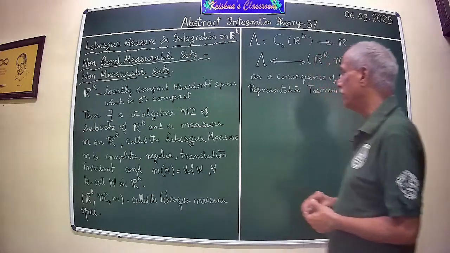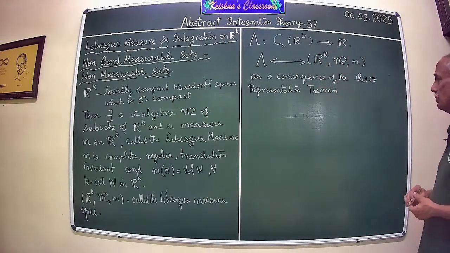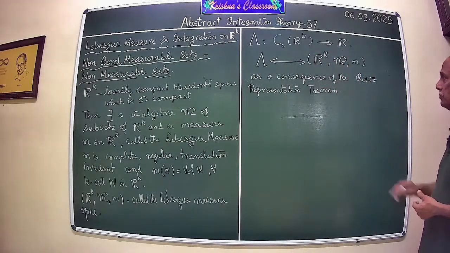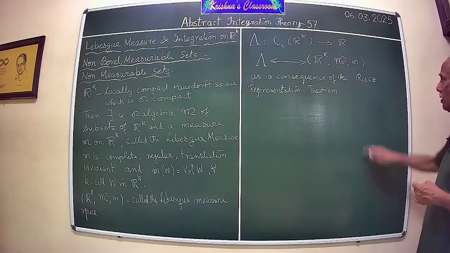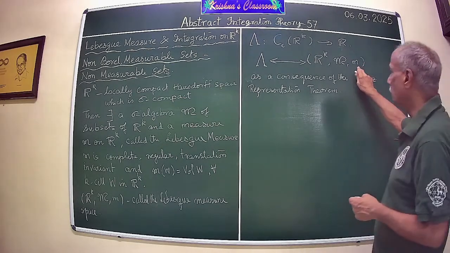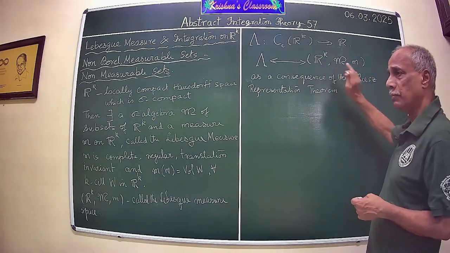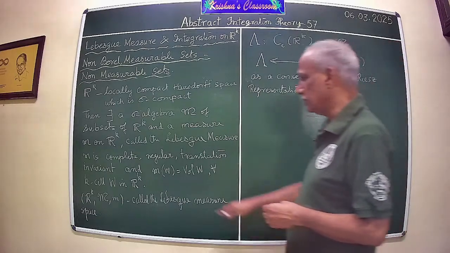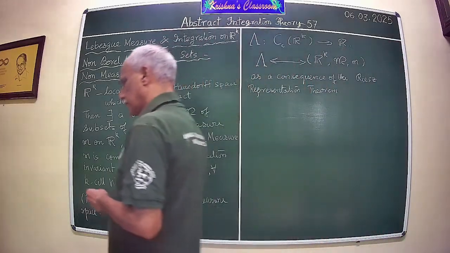We didn't have to do that, and at one stroke we got this, and then all that was left was to prove that m is a Lebesgue measure, which we have already done. That means having these particular properties.